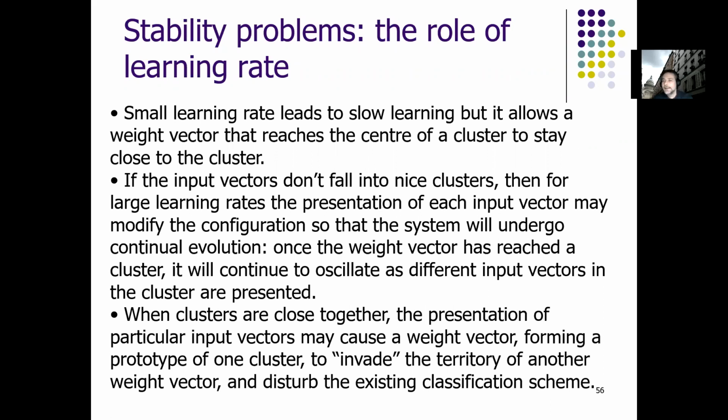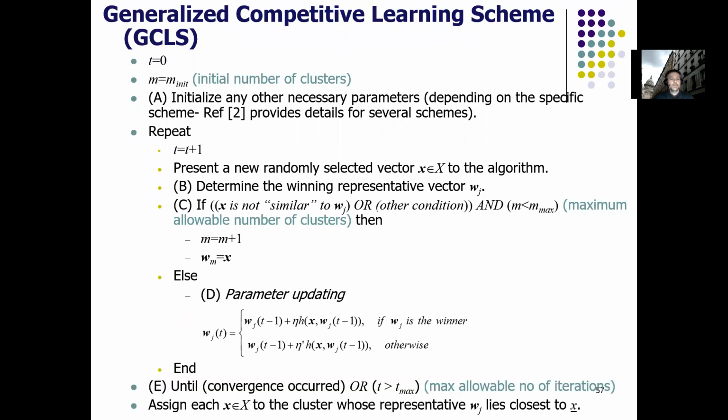It's basically like you have an input, and then one of the clusters invades the neighborhood of the other cluster, and that will obviously disturb the whole clustering process. It is one of the problems of this kind of methods.